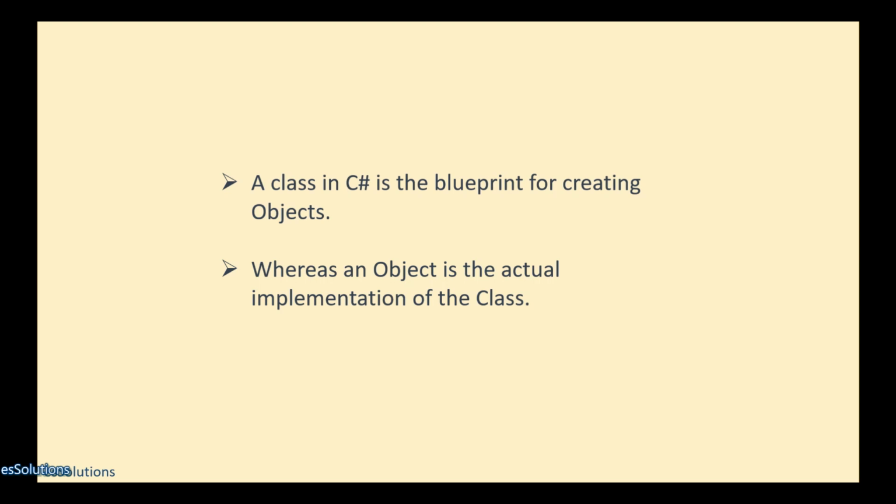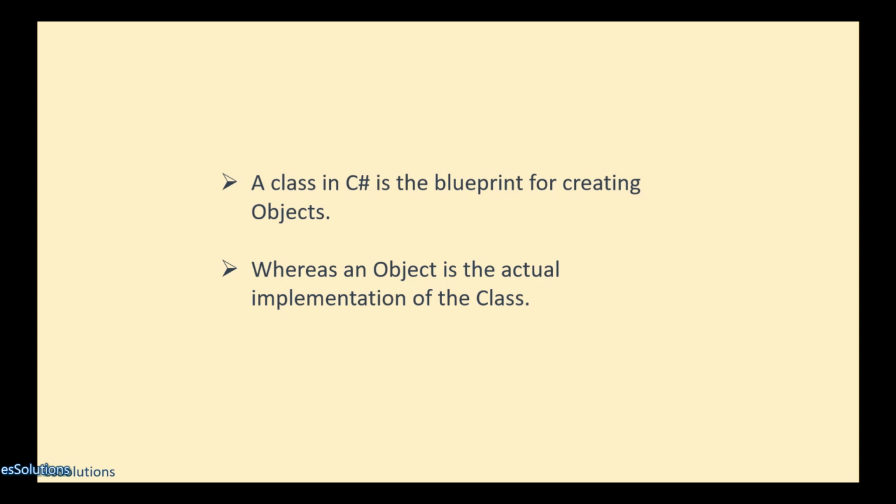So the class just defines, like a plan, the bounds of the house. It defines how many story buildings you want. It defines many things within it. That's what the plan does. But the actual implementation of that plan is the building.